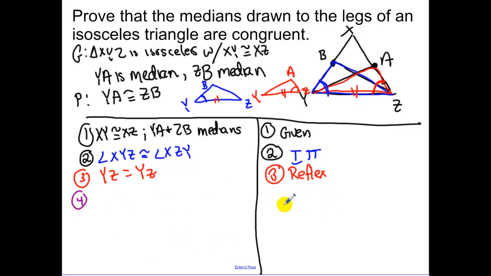because it looks like I want to use side angle side, I need to get YB equal to AZ. Well, what do I know from the second part of my given?